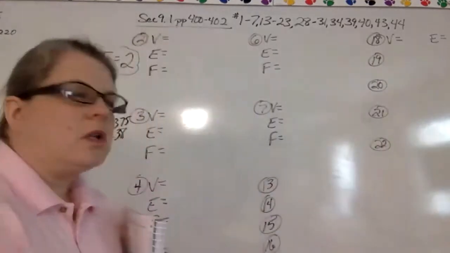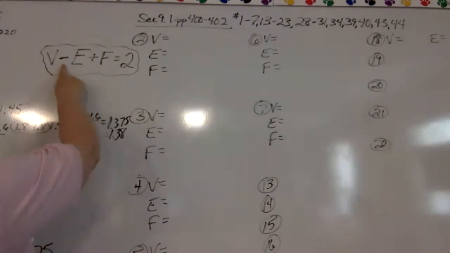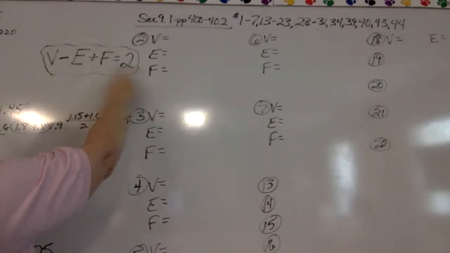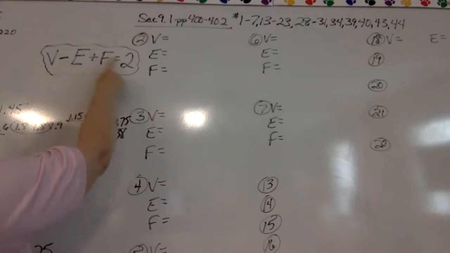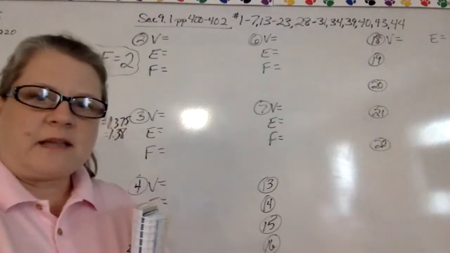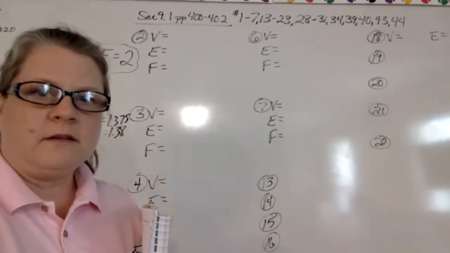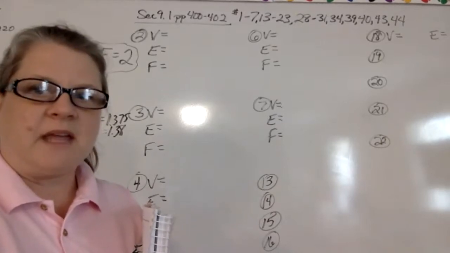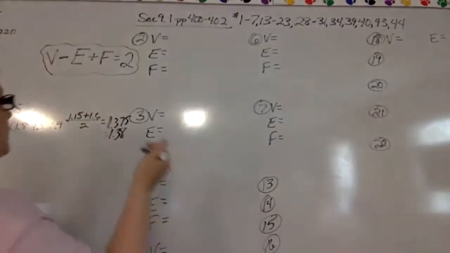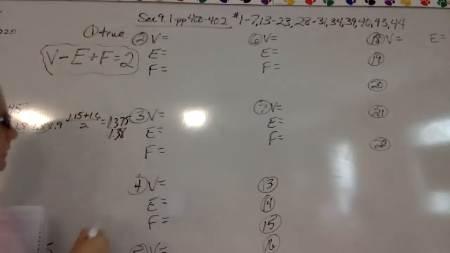So if you look closely at this, the only difference is they moved this E to the other side. It was a minus on this side. When they moved it to the other side, it was positive. So is that still equal to the same thing? That's still equal to the same thing. So for number 1, it's going to be true. Okay? Number 1 is true.